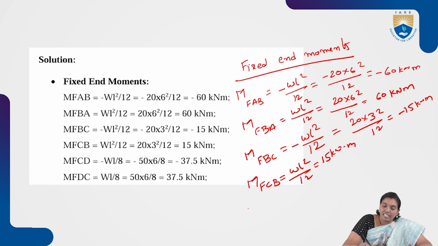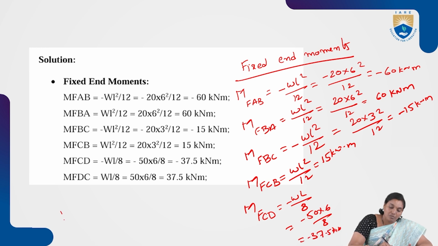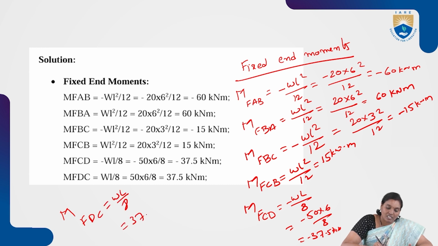The CD span has a different kind of loading compared to A to C. So the fixed end moment for CD is minus WL by 8, that is minus 50 into 6 by 8, equal to minus 37.5 kilonewton meter. Similarly, the fixed end moment for DC is WL by 8, equal to 37.5 kilonewton meter.